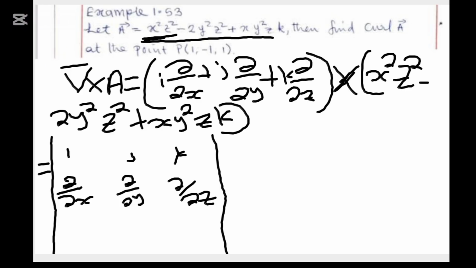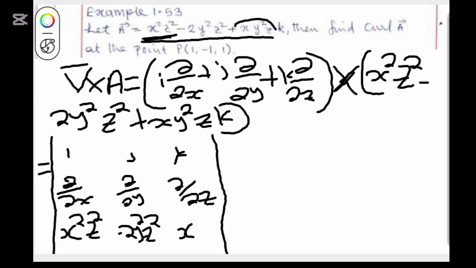So I have to put x squared z squared, also I'll put negative 2y squared z squared, also I'll put x y squared z. So therefore I have to find the determinant of this whole matrix.